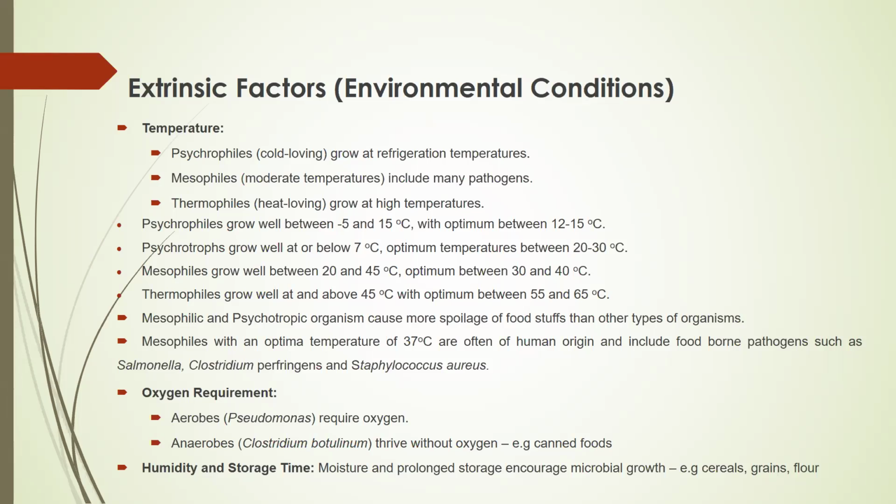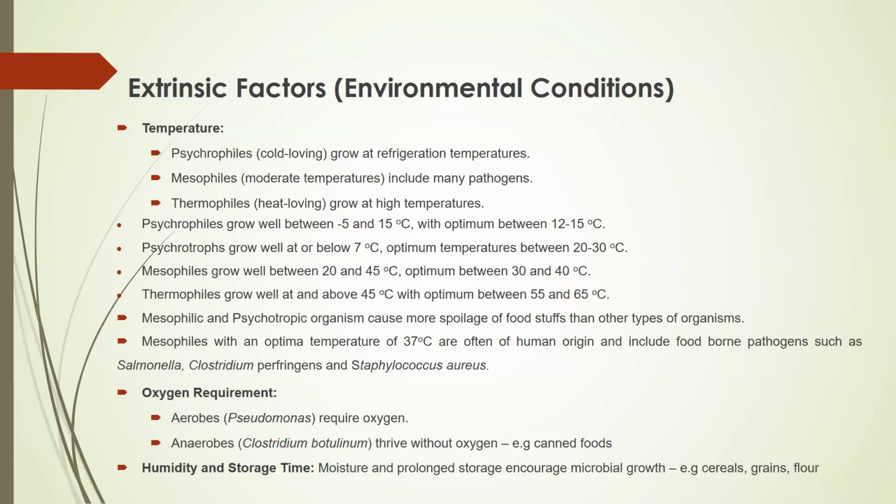Then you have the psychrophiles that grow well between -5 and 15 degrees centigrade, but they have their optimum growth between 12 and 15. I was talking about optimum growth, and many organisms can grow at varying temperatures, a wide range of temperature.